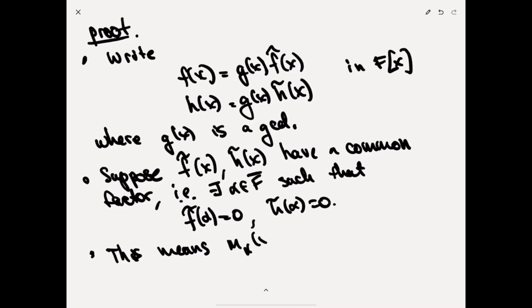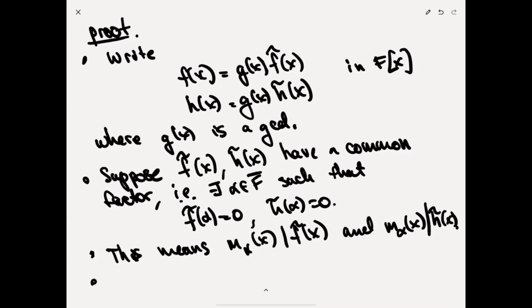So m alpha of x divides f tilde of x and m alpha of x divides h tilde of x. Okay? And this is a contradiction, right?